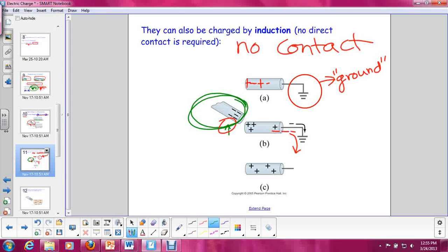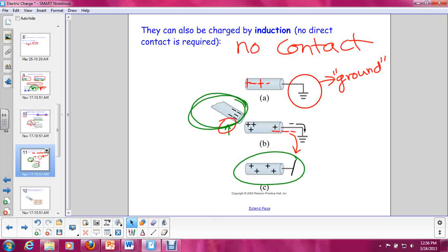You can think of them as being pushed away down to the ground from this negatively charged object that we bring by. If we then cut our connection to the ground, cut our wire right off, the electrons that were in that neutral object have left. And if we lose electrons, that means we end up with an overall positive charge. So the story, to break it down again for induction, is we have a neutral object.